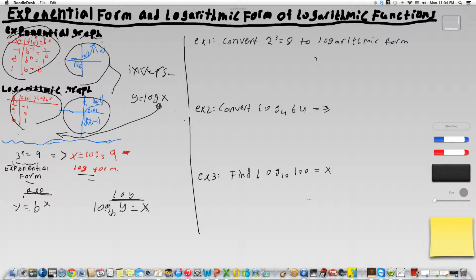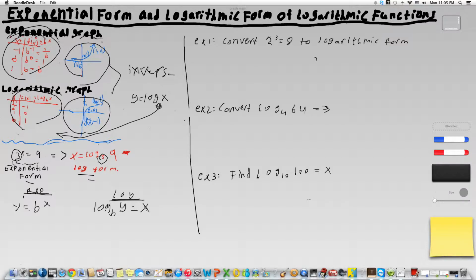First, I'm going to go over how to change an equation from exponential form to logarithmic form. The key to changing exponential form to logarithmic form is to pay attention to the base. So for this example, in the exponential form, 3 to the power of x equals 9, the number 3 is the base, which is the same as in the logarithmic form of the equation, log base 3.